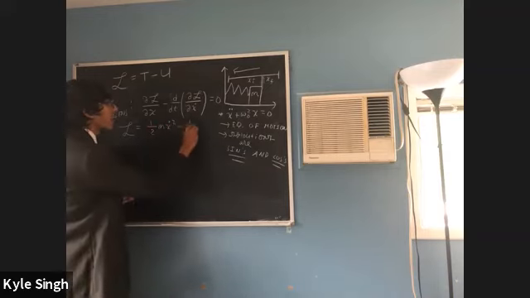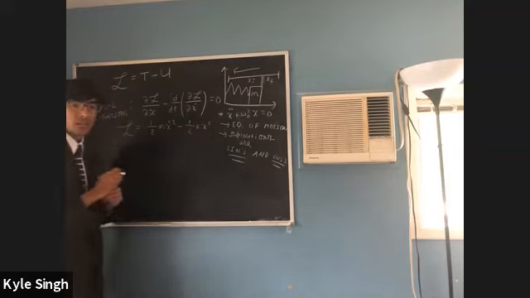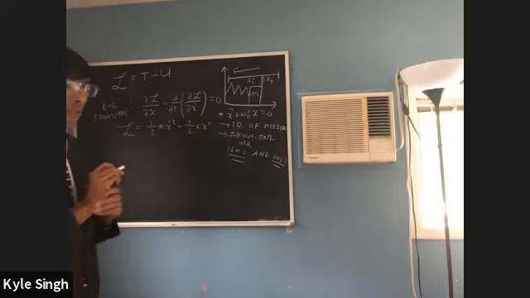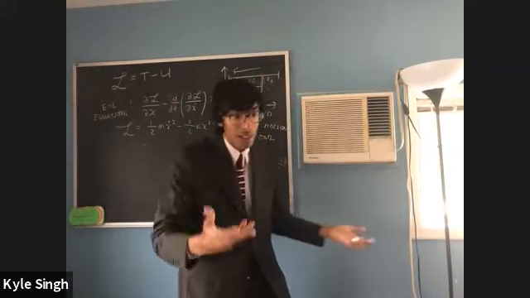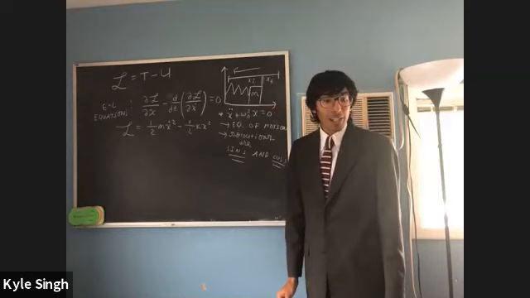What is the potential for the spring? It's 1/2 kx squared. That's the potential energy for the spring. If I was doing a projectile, it would be like mgy or something. It would depend on the system. Okay, I have my Lagrangian.